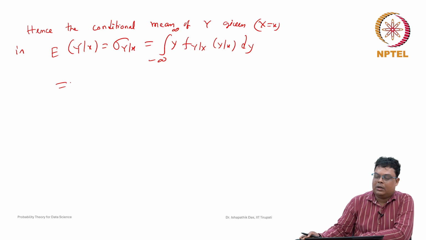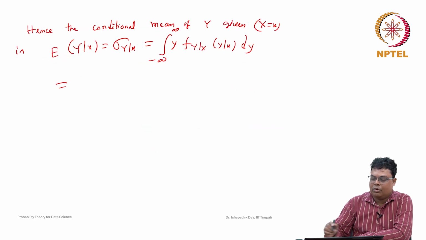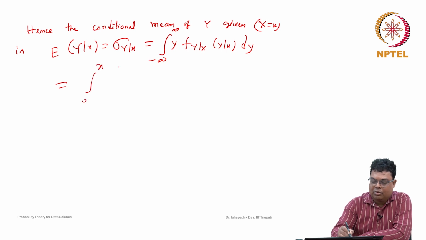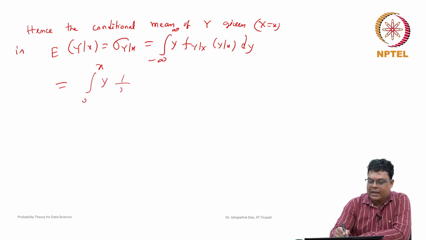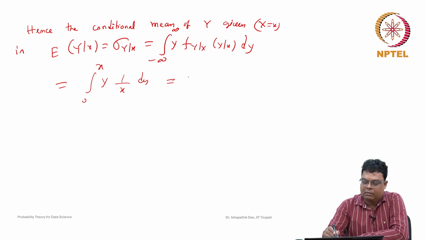Now for a particular given value of x, y is distributed uniformly from 0 to x with density 1/x. So this is non-zero from 0 to x. So this is the integral from 0 to x of y times 1/x dy. Here 1/x is a constant, since x is a given value between 0 and 1.